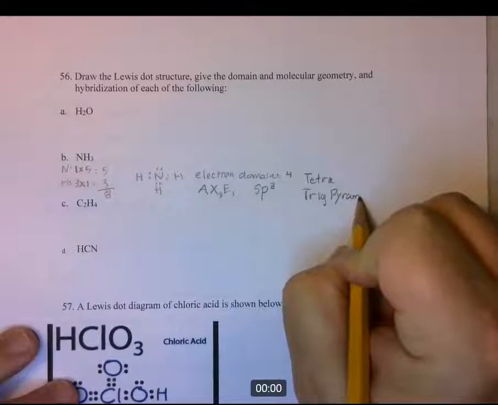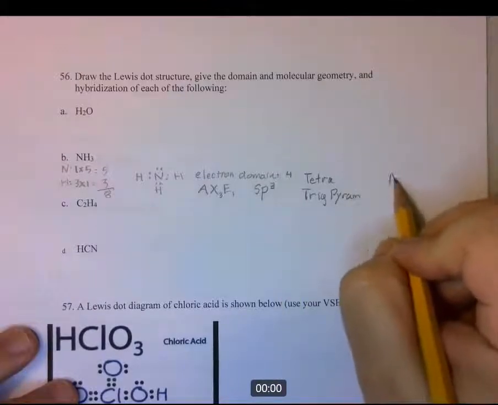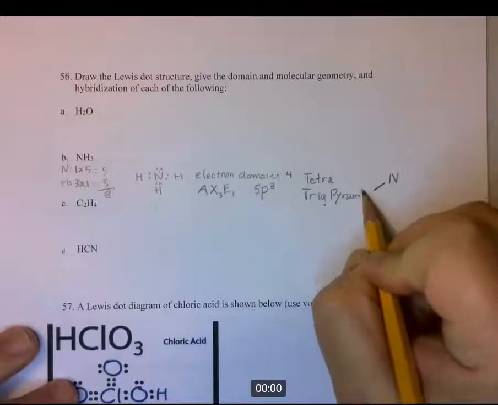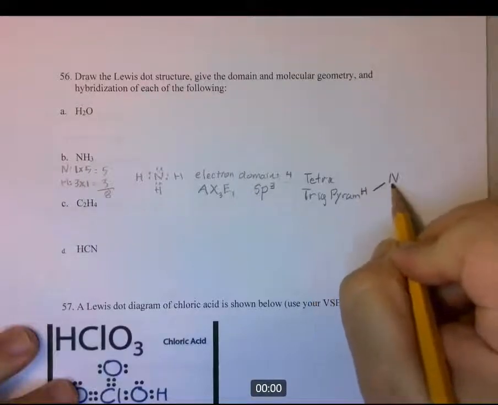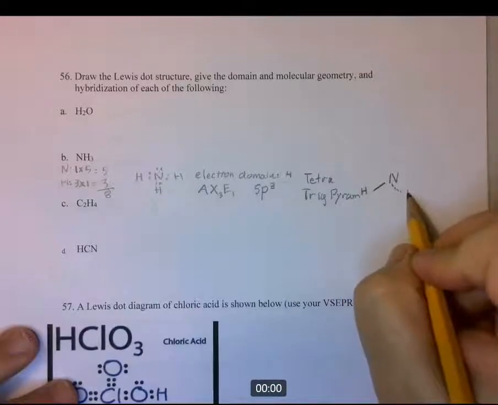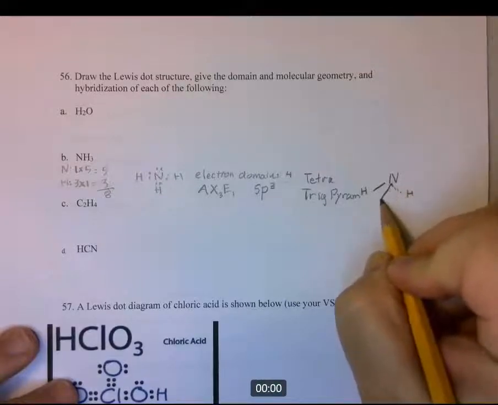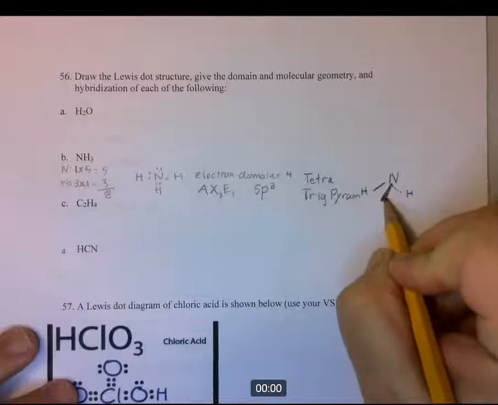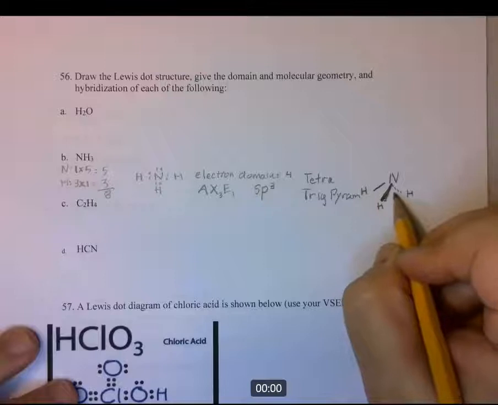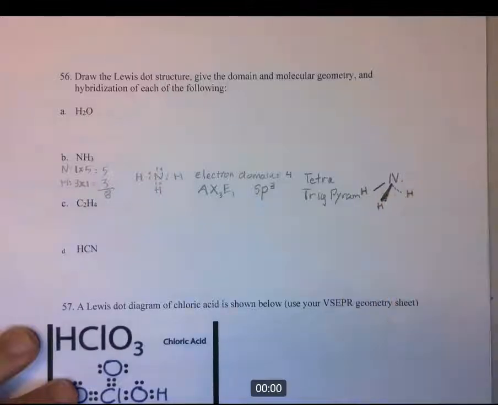Again, that's basically a nitrogen up here. You have a hydrogen coming out directly to the side. You have 1 going backwards away from you. That's the dashed line. And then you have a big wedge one coming out towards you. So it's a pyramid, a 3-sided pyramid. Okay, trigonal pyramidal. All right, and that's everything it asked for.